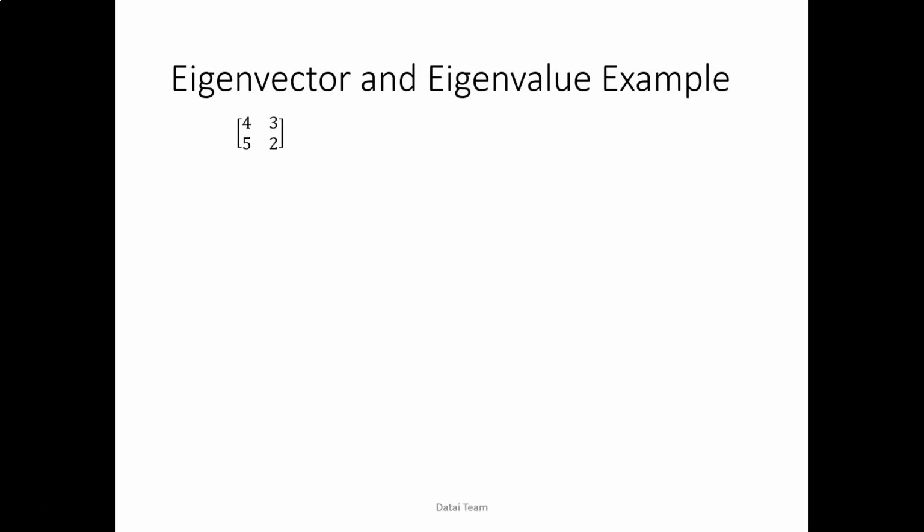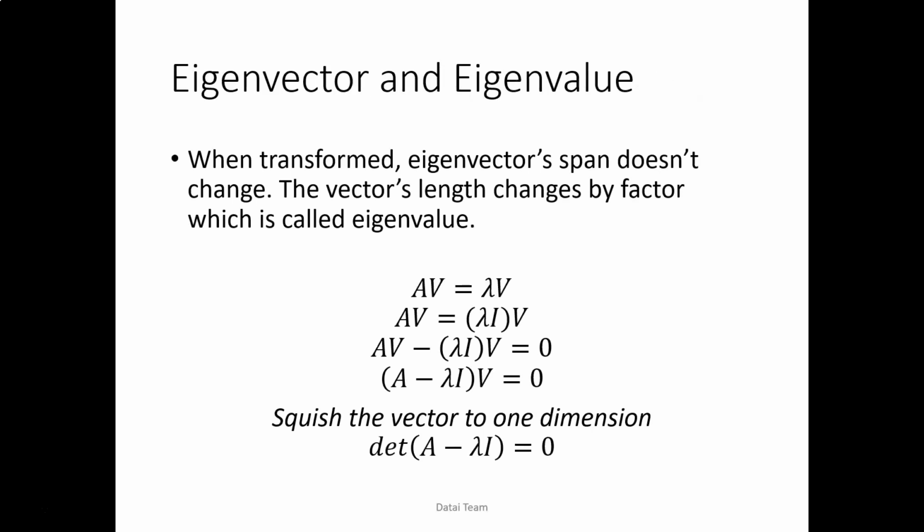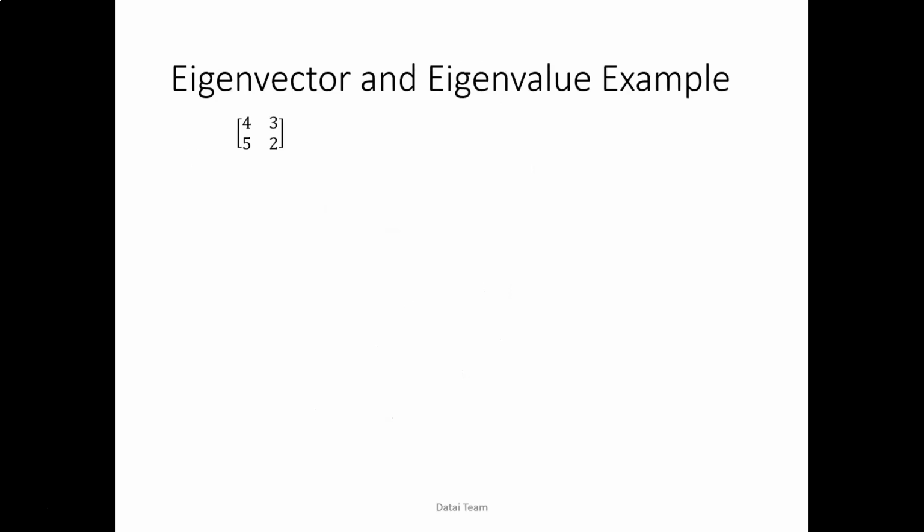Let's look at a mathematical example. Let's find the eigenvalues and the eigenvectors of the matrix 4, 5, 3, 2. We do the matrix A, and we are doing this third step here, or you can look at the last step. We get our new matrix and we subtract the identity matrix times lambda.